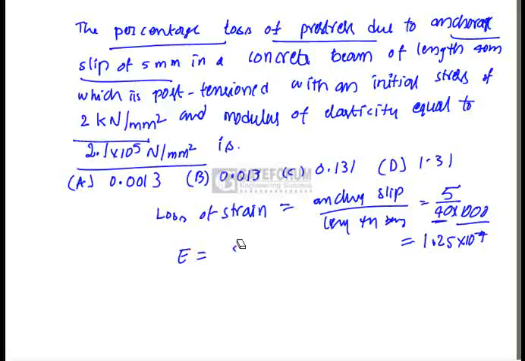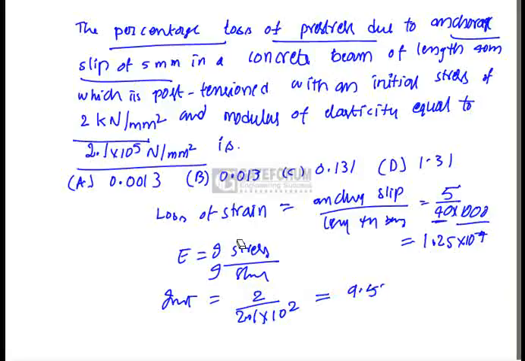Modulus of elasticity is equal to stress by strain, initial stress by initial strain. Initial strain is equal to 2 by 2.1 into 10 square, that is equal to 9.524 into 10 to the power of minus 3.